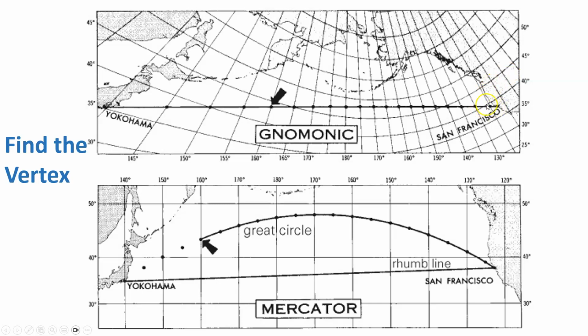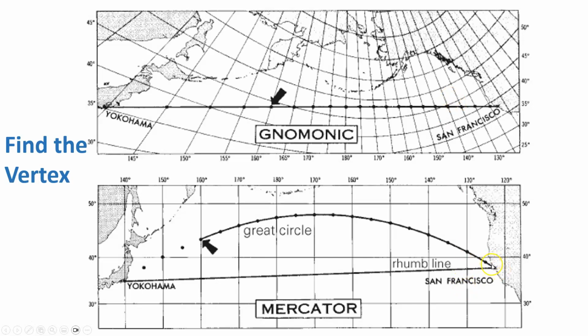To do a long voyage, we start off on a gnomonic chart, and I go from here to there. Then I can snap off 5-degree differences in longitude and make these waypoints. I can get the latitude and longitude of each of those, and transfer them to a Mercator chart. So this point becomes that point, and so on.